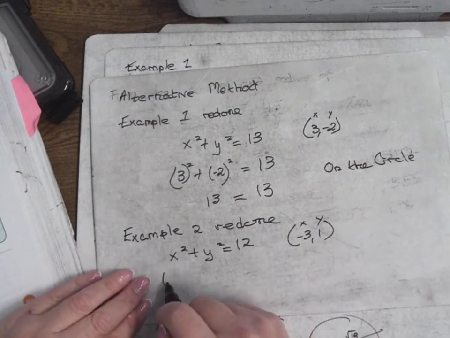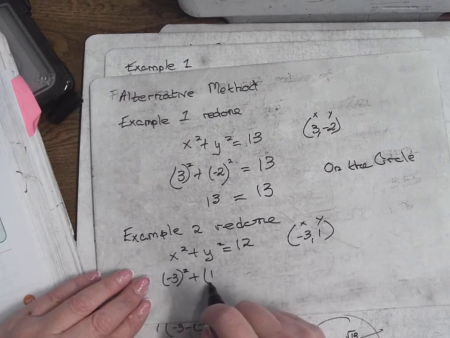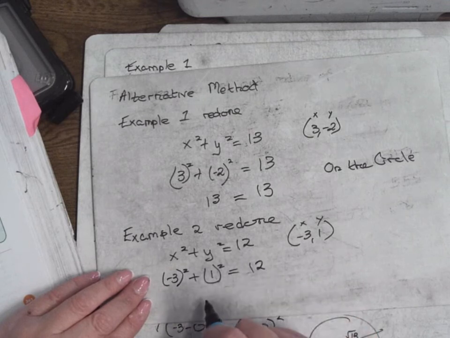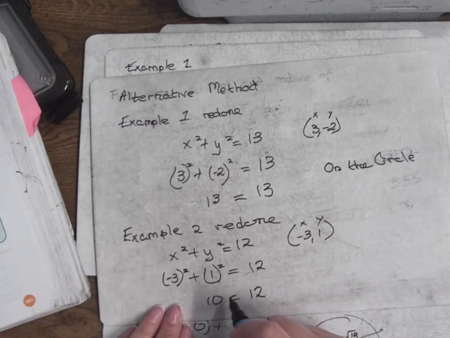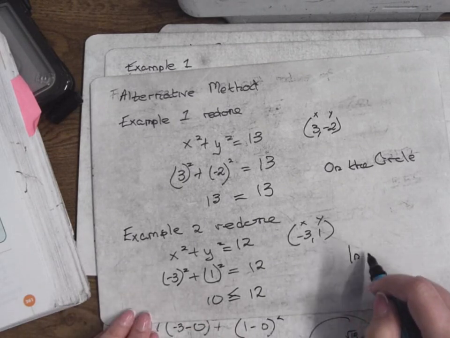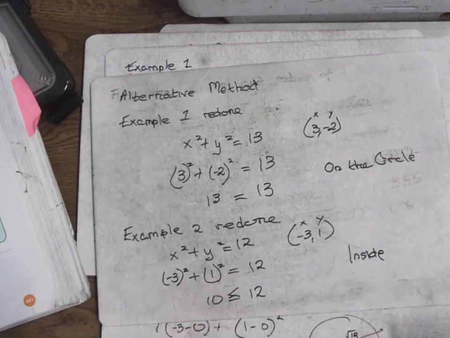So it's minus 3 squared plus 1 squared equals 12. Into the calculator with that, you get 10 equals 12. Clearly 10 does not equal 12, but 10 is less than 12, right? So what's the story if it's less than? It's inside, right? And if the number on the left turned out to be bigger, it would be outside.